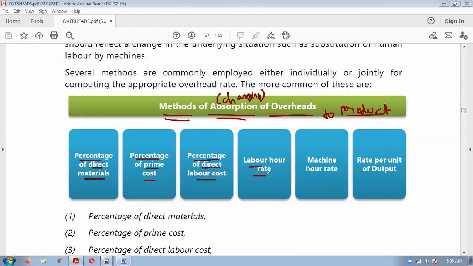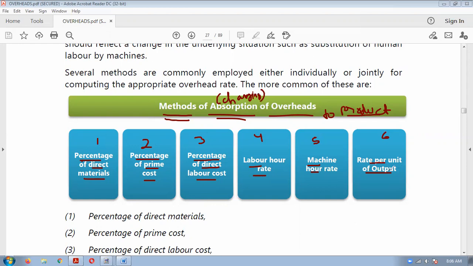Labor hour rate, machine hour rate, and rate per unit of output. We will discuss all these methods in detail. Just first note down the methods. The total 6 methods are there: percentage of direct material, percentage of prime cost, percentage of direct labor cost, labor hour rate, machine hour rate, and rate per unit of output.